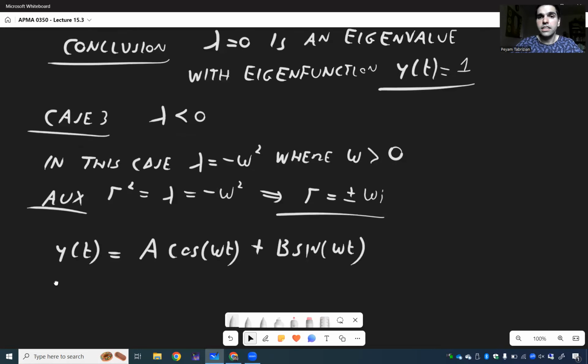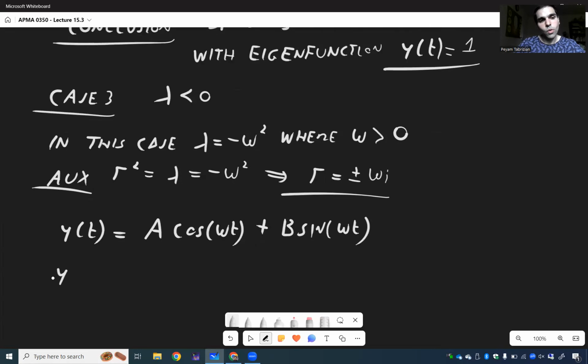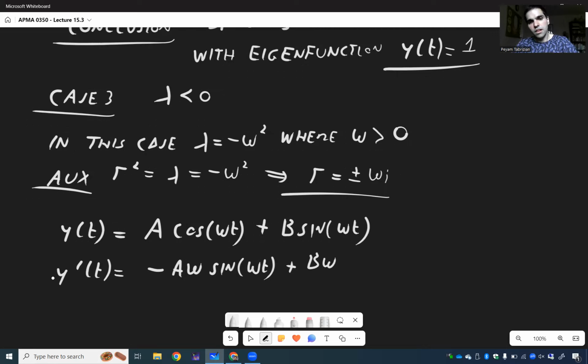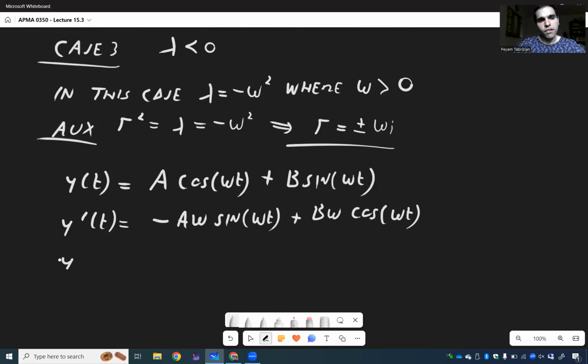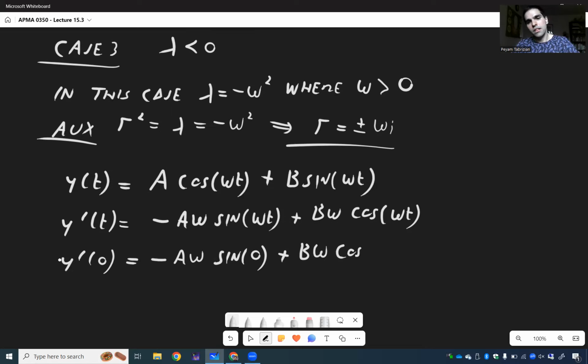Now we want to calculate the derivative. So y prime of t is, in this case, minus a omega sine of omega t plus b omega cosine of omega t. And let's calculate y prime of 0. So minus a omega sine of 0 plus b omega cosine of 0.